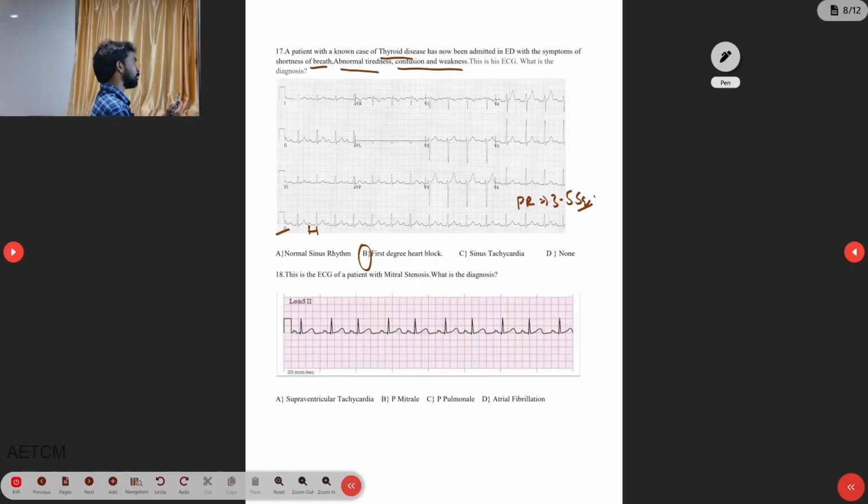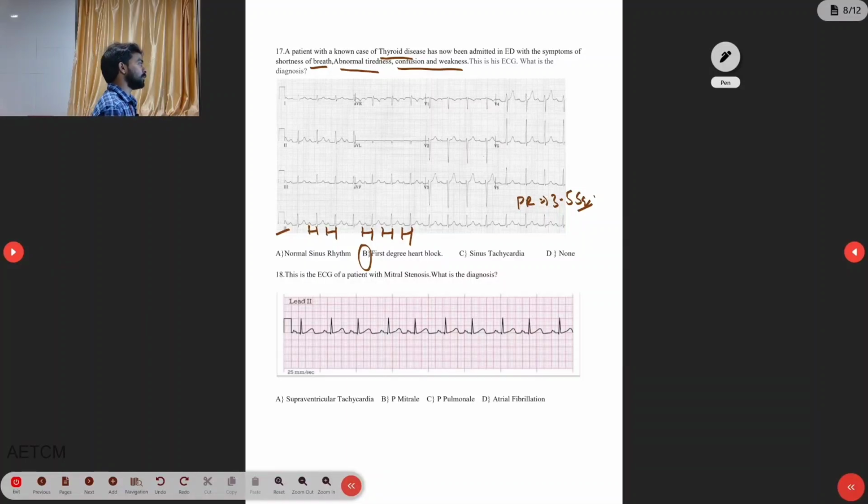If you count the PR interval here, it is greater than 5 small squares, you can count here also. So there is prolongation of the PR interval, which is first degree heart block. That's why it is called first degree heart block.